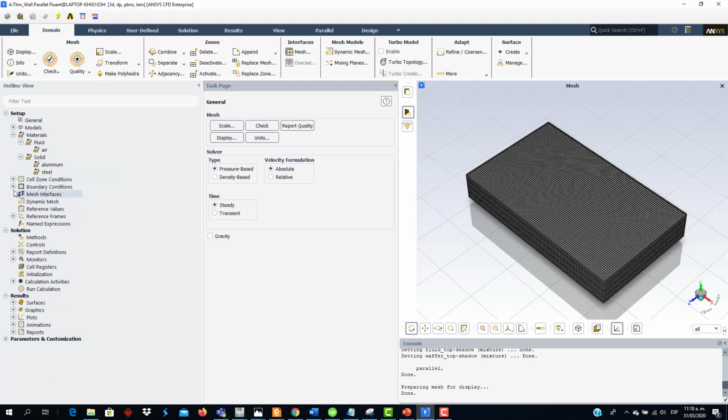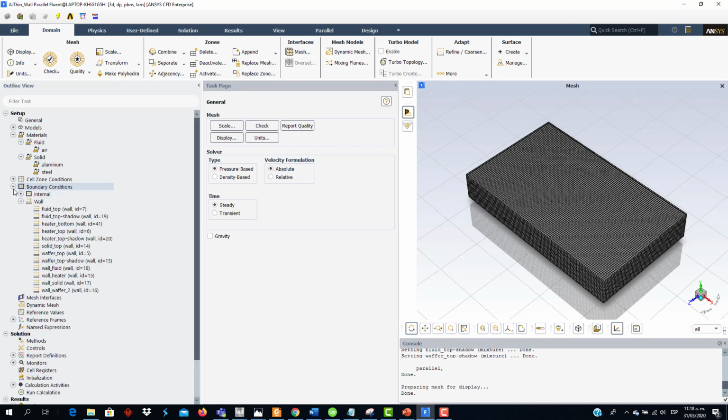Okay, now we are going to define the boundary conditions. Then all boundary conditions were prescribed as wall because, as I already said, there is not going to be any flow in this case.